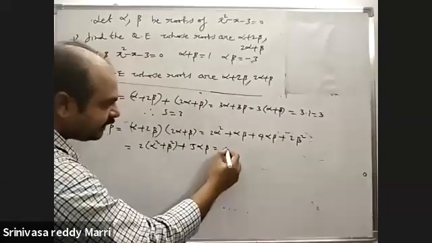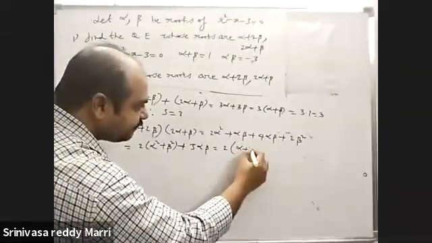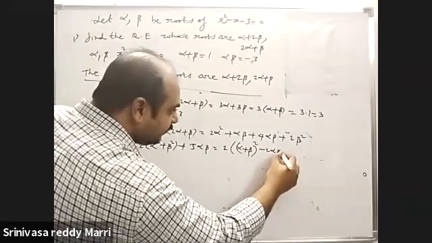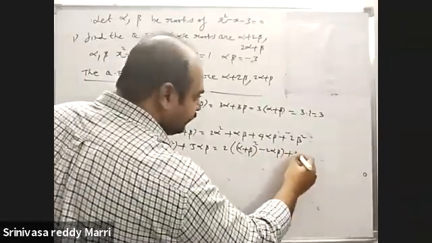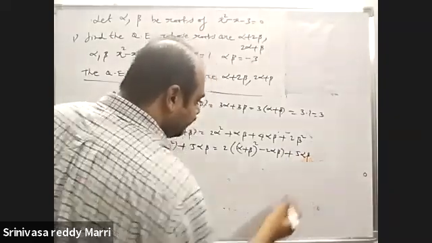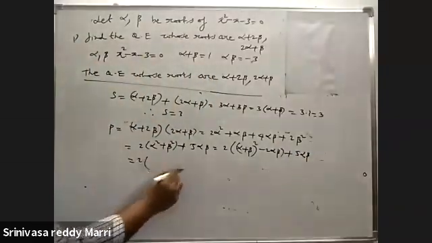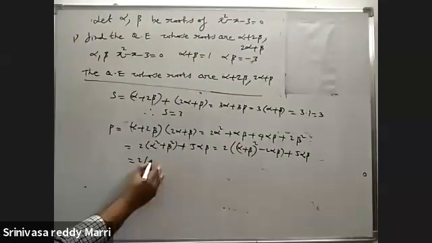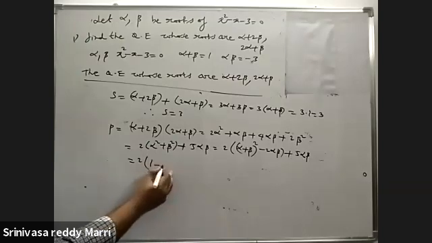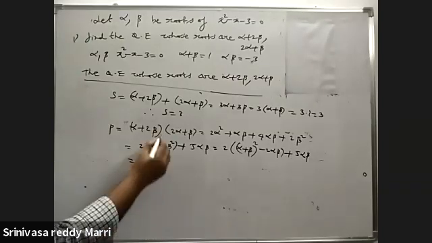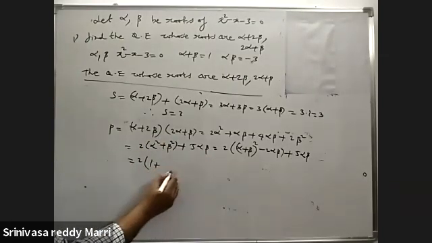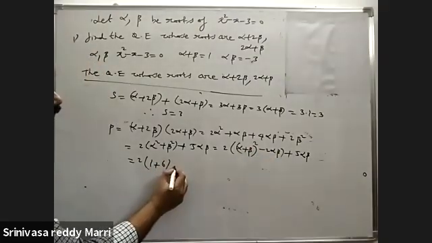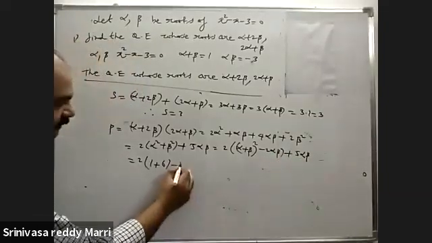Look, alpha square plus beta square can be calculated in this manner: alpha plus beta whole square minus 2 alpha beta, plus 5 alpha beta. Substitute the values. 2 into this: alpha plus beta whole square means 1, minus 2 into minus 3, that means 6. So 5 into minus 3 means minus 15.